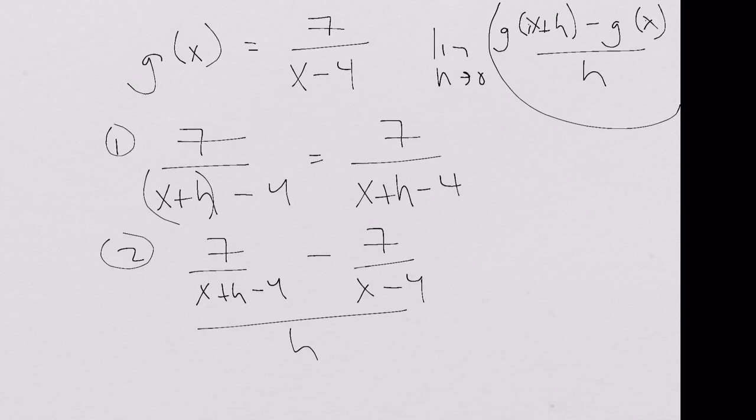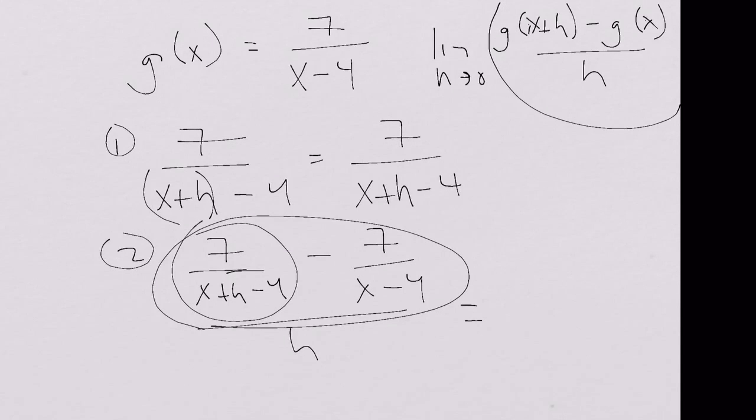So this one, it doesn't cancel out like it did on the last problem. So what we're going to do is find a common denominator in our numerator. So that means I'm going to have to multiply this fraction by an x minus 4, and I'm going to multiply this fraction by an x plus h minus 4.